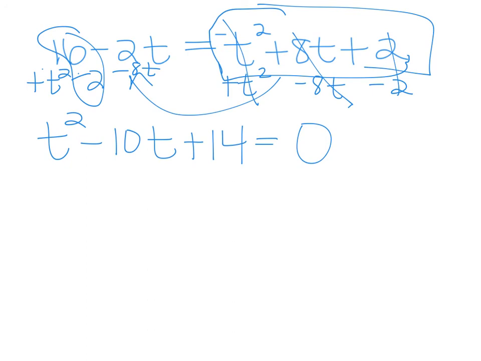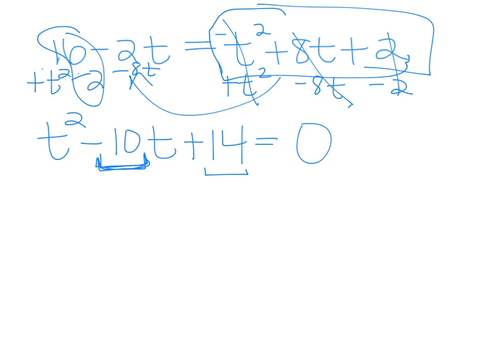Now what I'm looking for is 2 numbers that multiply to be 15 and add to be negative 10. The only things I can think of that multiply to be 15 are 5 and 3, and 15 and 1. Neither of which actually add to be negative 10.